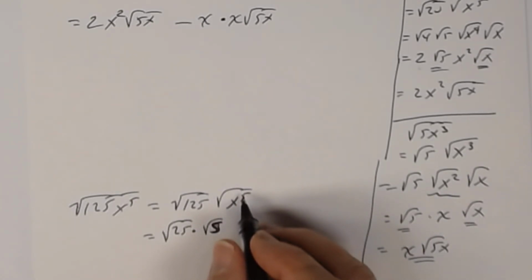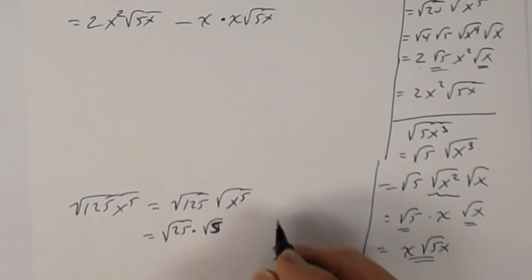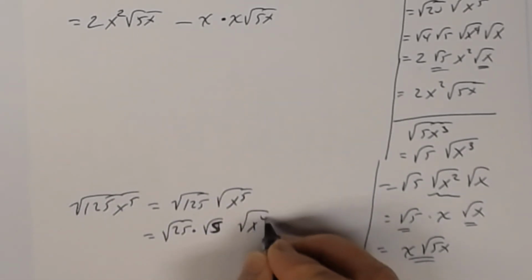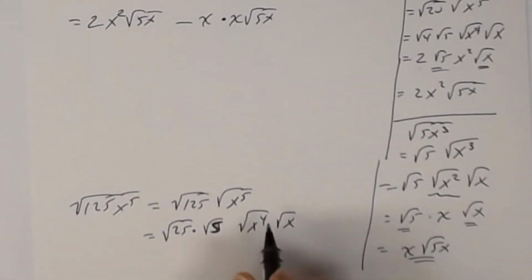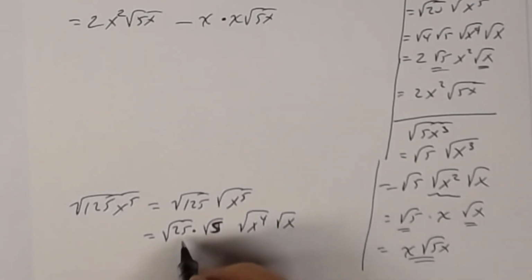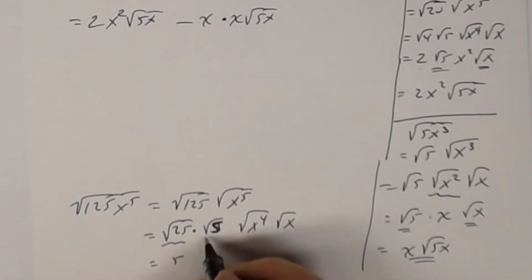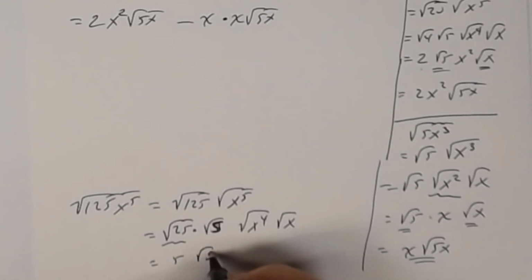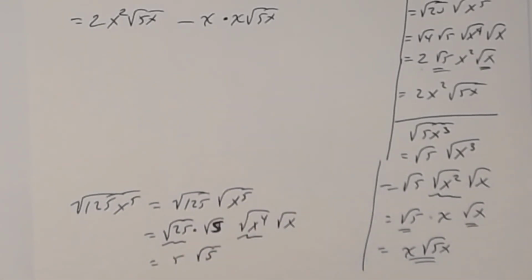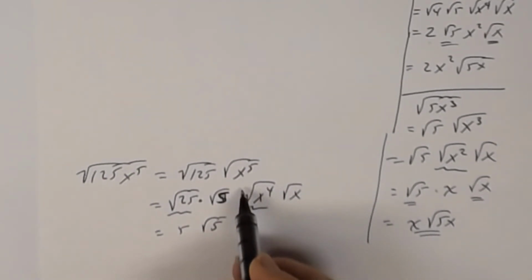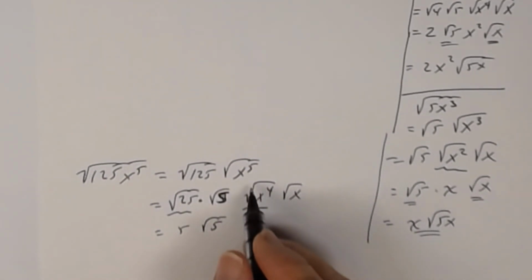But although 5 is not divisible by 2, I know I can still deal with it. The largest whole number less than 5 that's divisible by 2 is 4. So it becomes the square root of x to the fourth times the square root of x. 4 plus 1 is 5. And then notice I have 4 factors. I can simplify this one. Square root of 25 is 5. I cannot simplify this. Square root of 5, leave it as square root of 5. I can simplify the square root of x to the fourth. 4 divided by 2 is 2. So 4 divided by the index is 2.